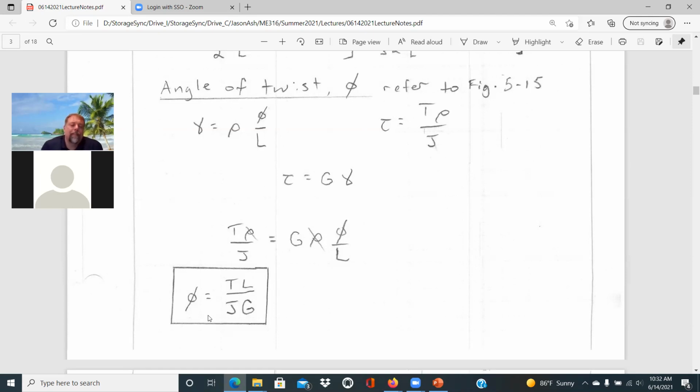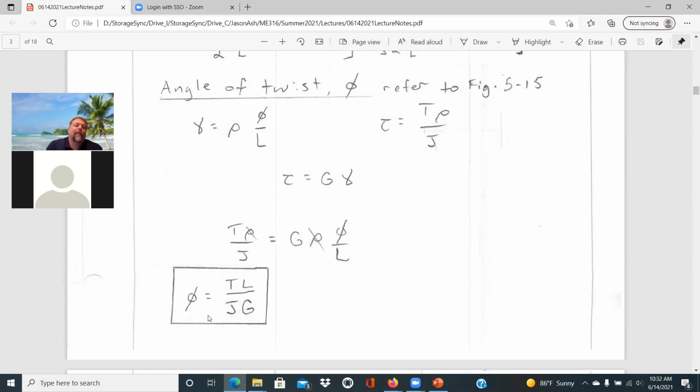And so this is in comparison to what we learned in axial loading, where, remember, the axial stress was sigma equal to P over A. That produces a normal stress. And then the displacement, delta, was equal to PL over EA. And so this is analogous to that.